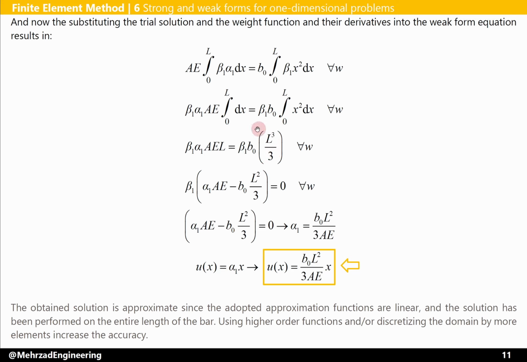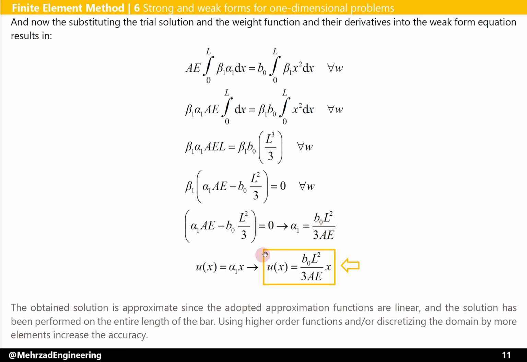And then we could bring this side of the equation to the left side and factor out beta 1. So it must be fulfilled for all functions of w. So the parentheses must be equal to 0, and if we find alpha 1, it will be equal to beta 0 L to the power of 2 over 3AE.